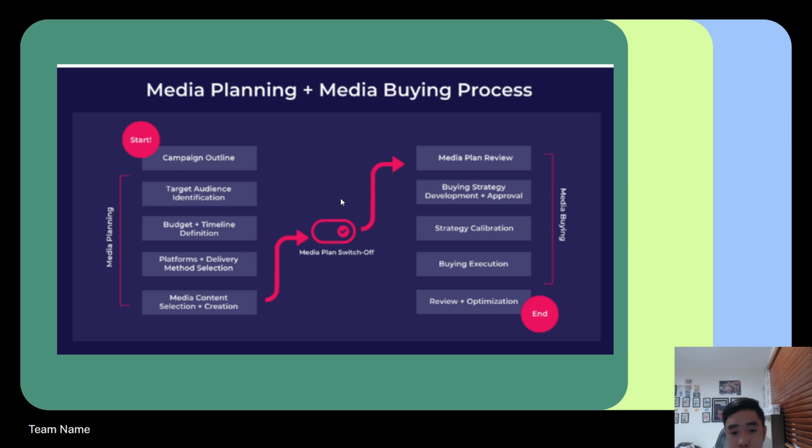After we make all the videos, find out who we're targeting and where our budget is, we start buying space, like buying airspace, buying radio, buying advertisements, making videos. You want to see where you want to put all that media. That's a brief summary of what media planning and buying is: who do you want the media to be for, who do you want to target, and where do you want that media to go.